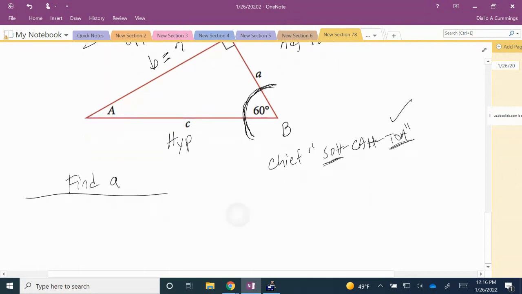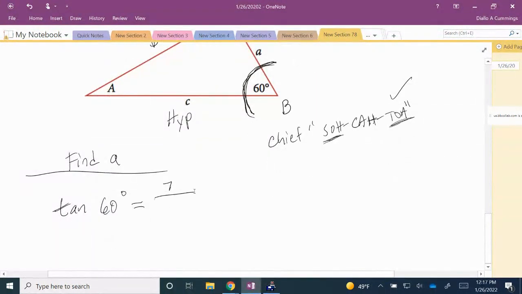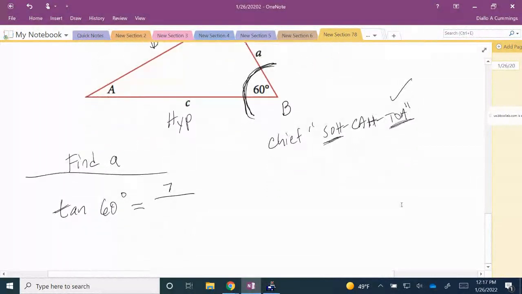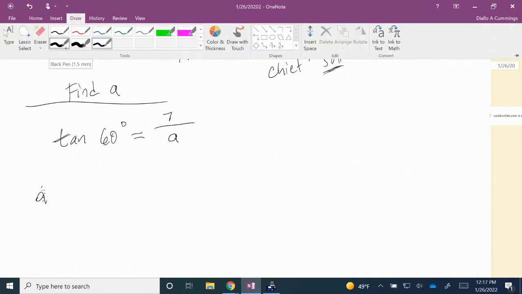So I'm going to write out this trig function: the tangent of 60 degrees is equal to the opposite, which is 7, divided by the adjacent, which is unknown, and we're going to call that A. And now we have to solve for side A. The first thing I'm going to do is multiply both sides by A. So if I multiply the left-hand side by A, and I don't know what's going on with the pen.